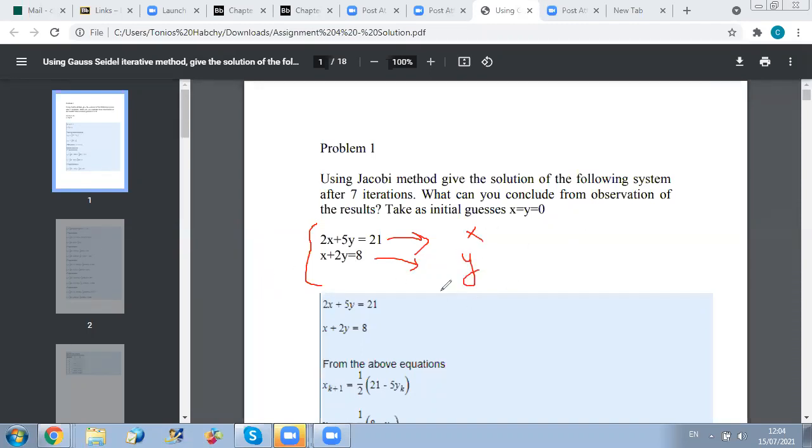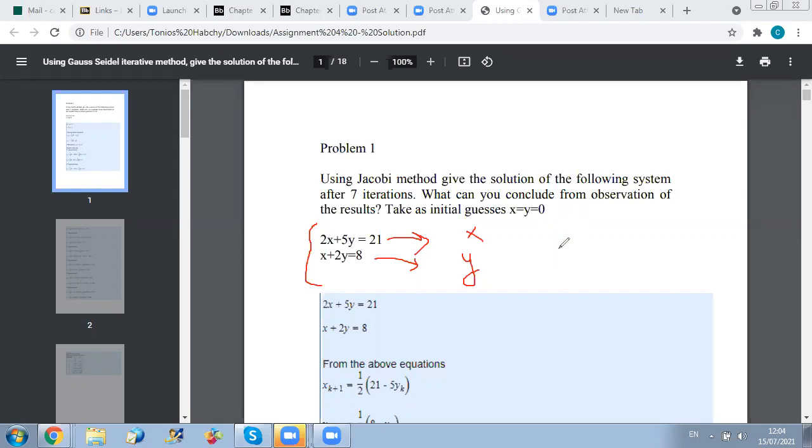It's possible to switch, but in order to obtain the same result, because we are working with the same method, we'll always take the first equation for the first variable, the second equation for the second variable, because if we switch, we will have different results. This is due to round-off errors, okay?